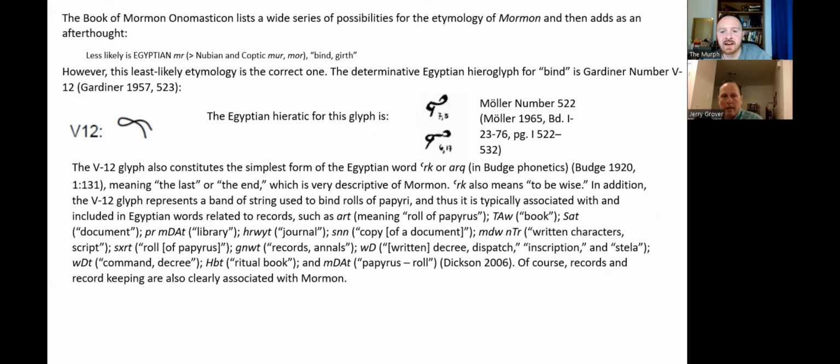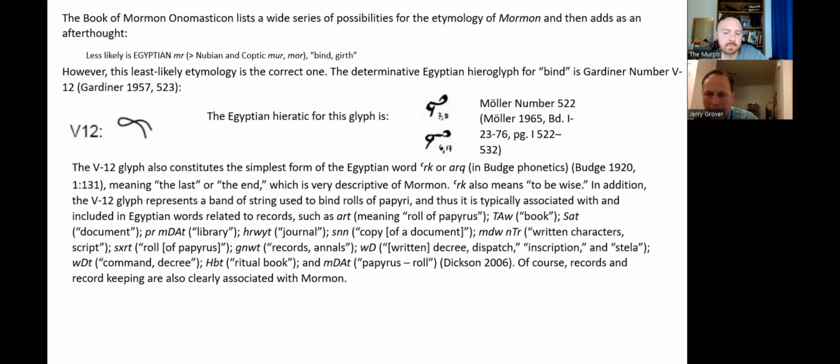In the simplest form, it can also mean the last or the end. It also can mean, similarly, to be wise. I'm not taking that from Hebrew now. Now that I've identified the glyph that matches, there are other meanings of that glyph in Egyptian.